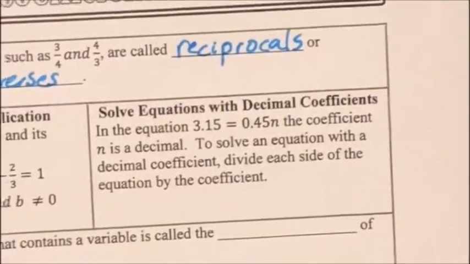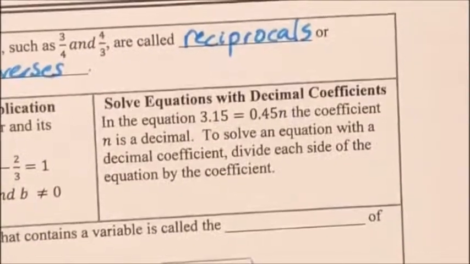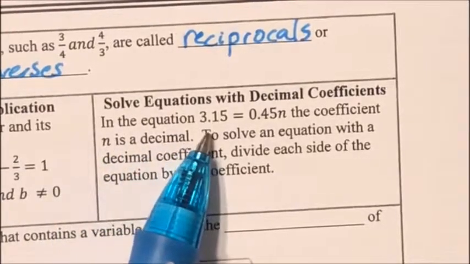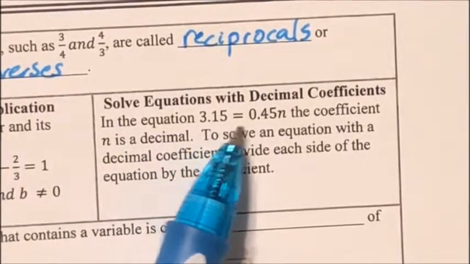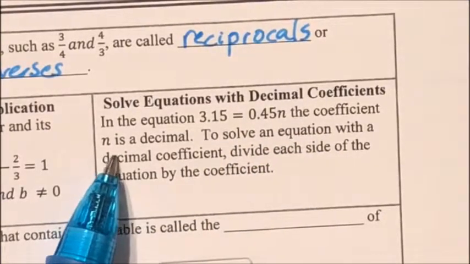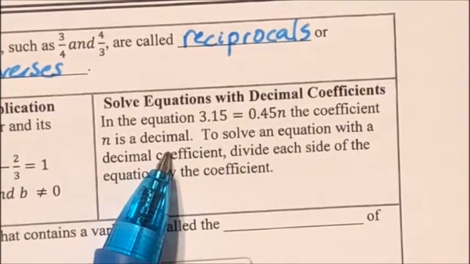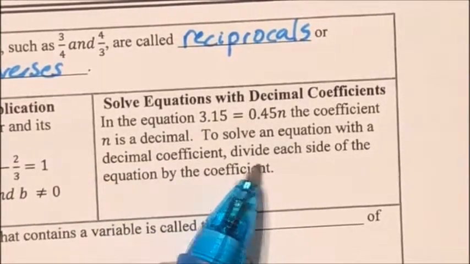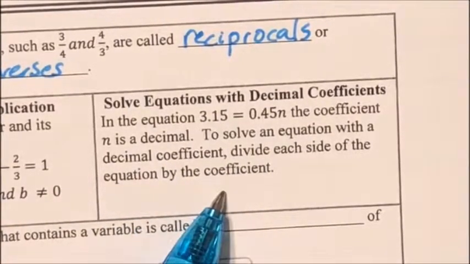All right, the other one I want to look at is solving equations with decimal coefficients. So in the equation 3.15 equals 0.45n, the coefficient of n is a decimal. To solve an equation with a decimal coefficient, I divide each side of the equation by the coefficient.